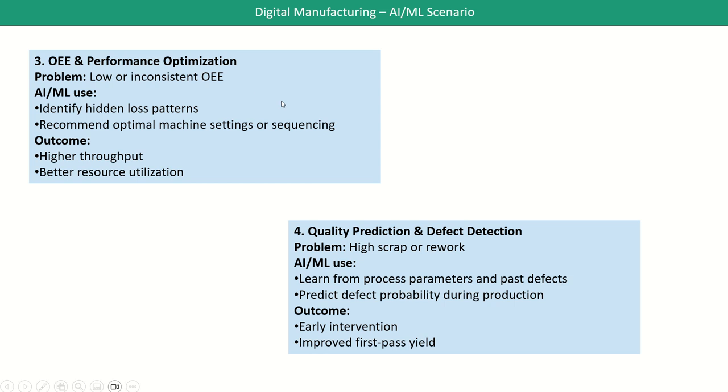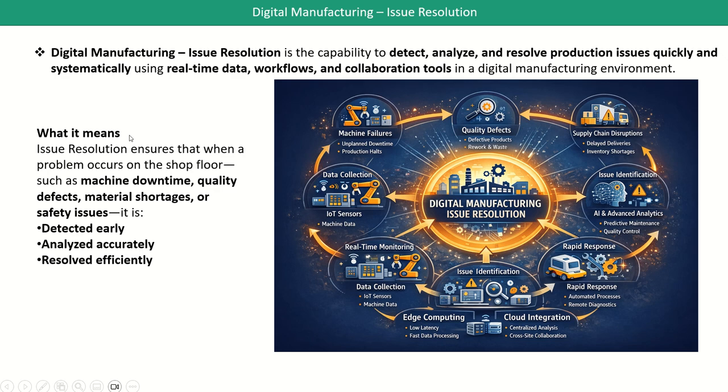The AI ML model will tell you about the breakdown or any problem that will happen in the future, so we know in advance that this particular problem will come, and we can take corrective action for that.